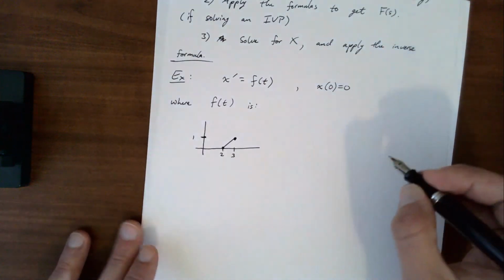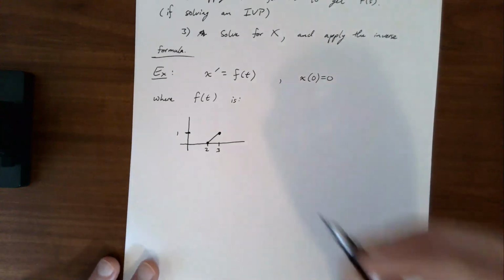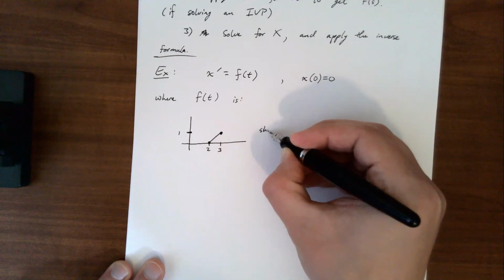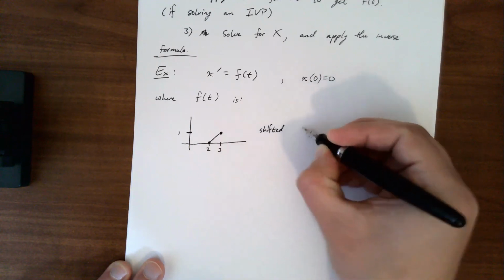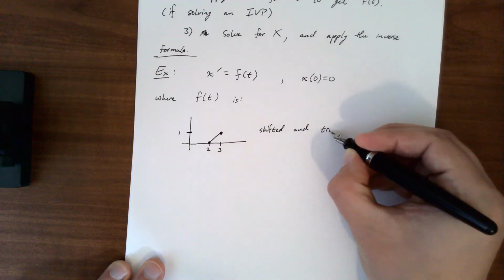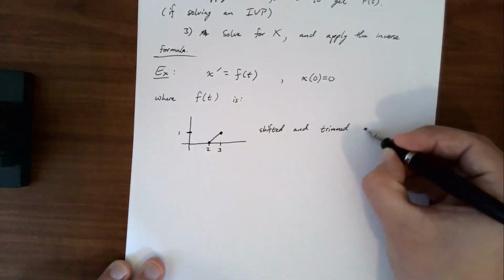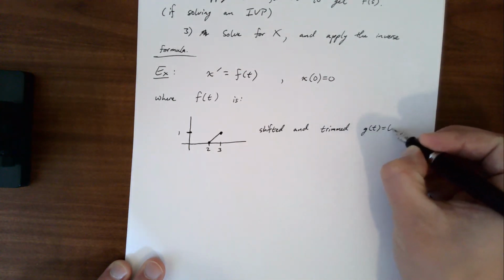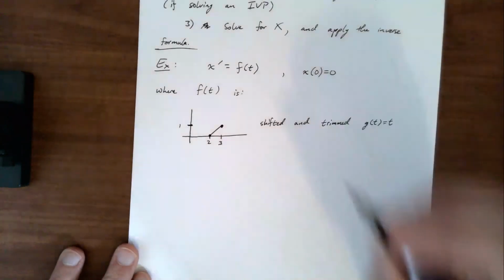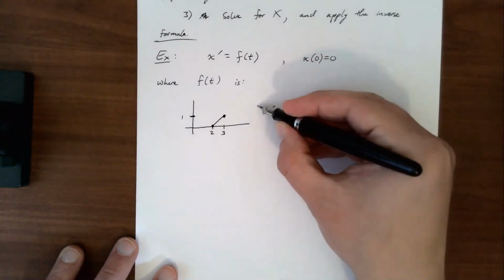And so essentially what we have is a shifted and trimmed version of just t, g of t equals t, or h of t equals t. Just something equals t. I don't want to be confusing and say f of t equals t. So it's shifted and trimmed.